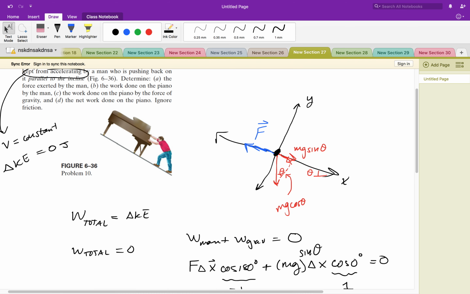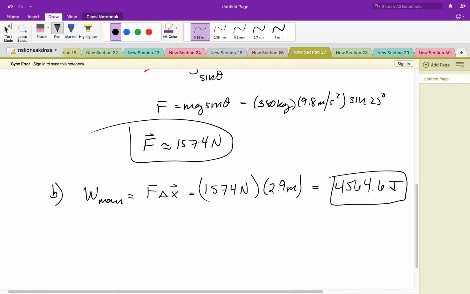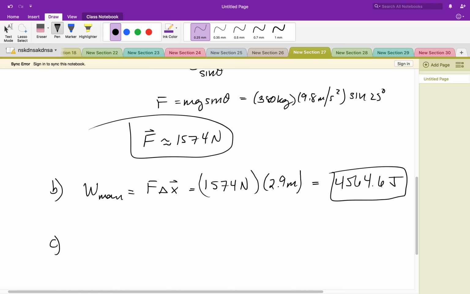The work done on the piano by the force of gravity. Well, that's much easier. We can do this a couple different ways. The work done by gravity is going to be mg sine theta delta x times the cosine of 180 degrees.